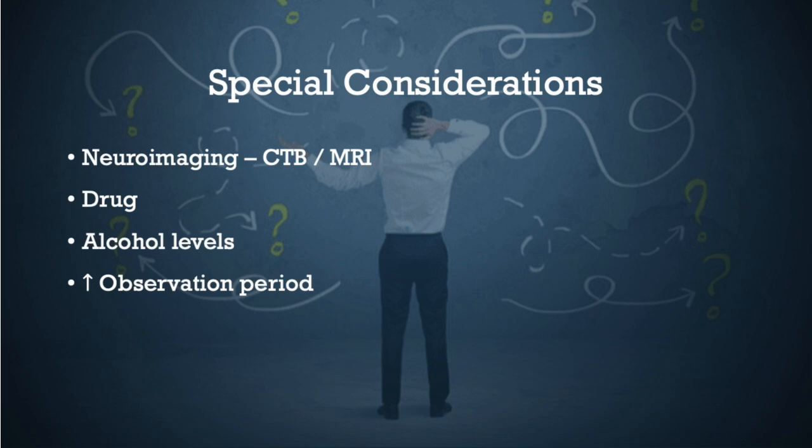Severe alcohol intoxication: if you suspect severe alcohol intoxication to be the main cause of the coma, then the blood level should be less than 80 milligrams per deciliter. In terms of a standardized observation period prior to brain death testing, there's no consensus on this. It's case dependent and individualized to each case.